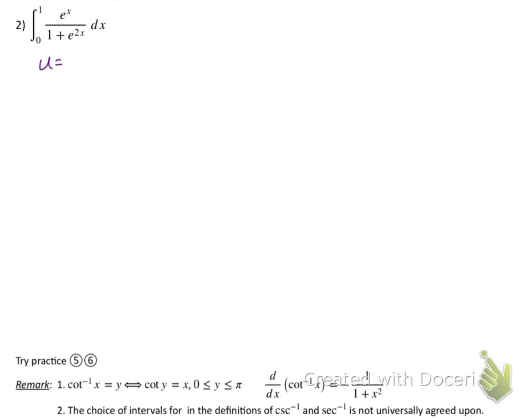So let u be e to the x, because I want u squared here. Instead of having e to the 2x, I take e to the x.